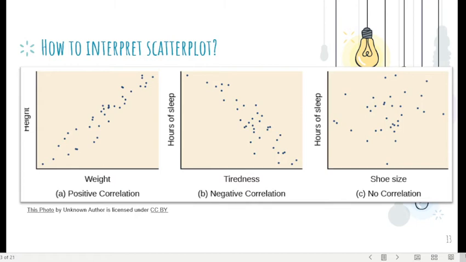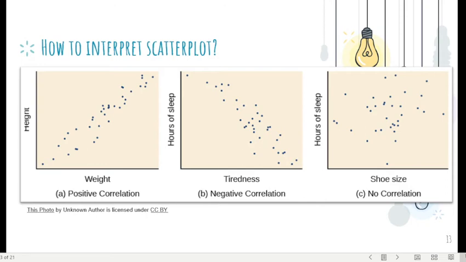We can see that the scatter plot, or the dots in that second graph, are going down. Therefore, if the scatter plot is going down, we can say that it is negatively correlated, or it has a negative correlation.